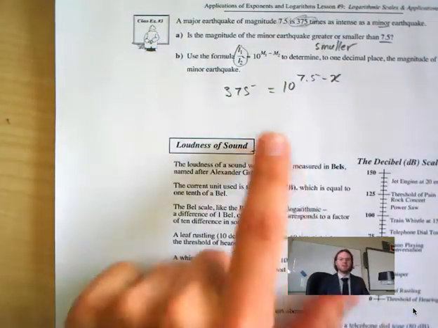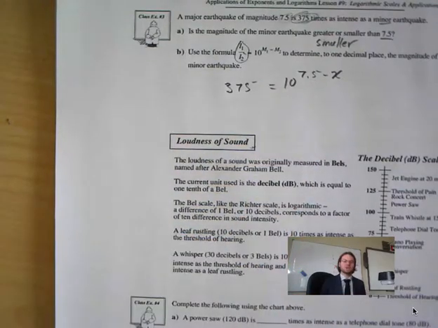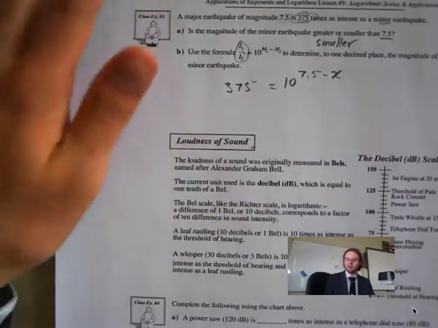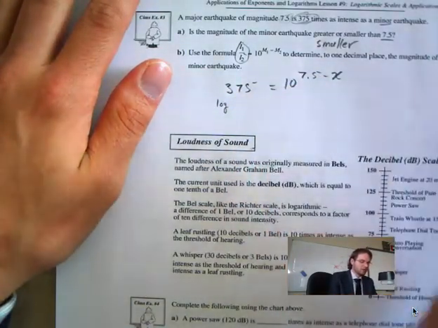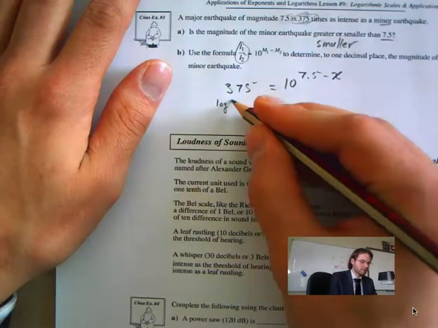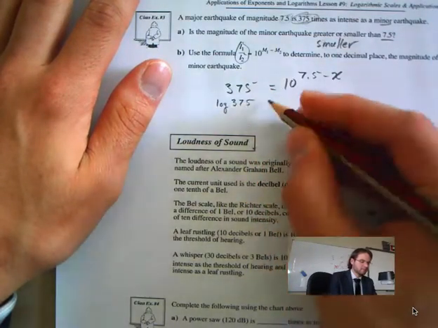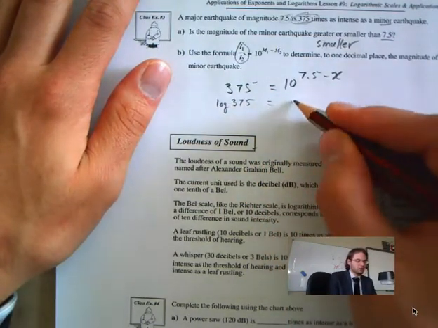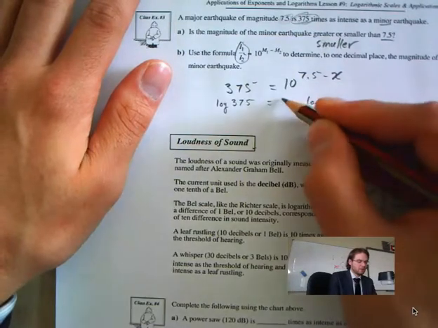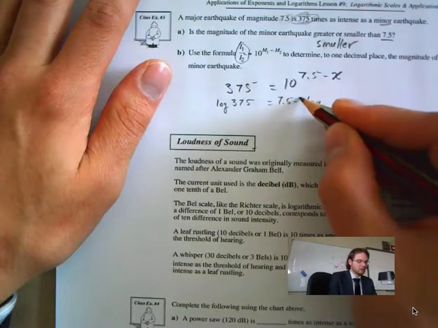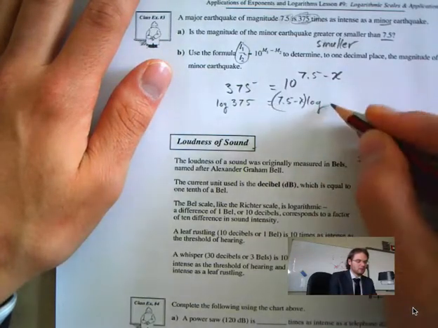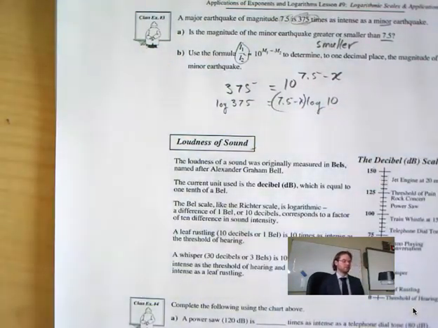Well, now we have this really confusing equation. So what must I do? I'm going to log both sides to solve this one. I'm going to log 375 is equal to log 10 to the power of 7.5 minus x. Okay?